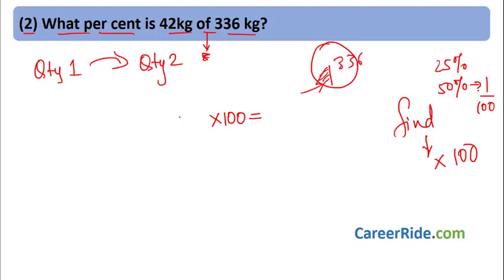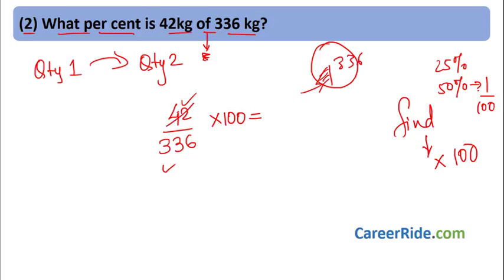So how to write that? Quantity 1, which is the of which we want to find the percent, divided by quantity 2, that is the quantity in relation to which the percentage is calculated. So we want percent of quantity 1 with respect to quantity 2, right? So we have 42 upon 336 into 100.